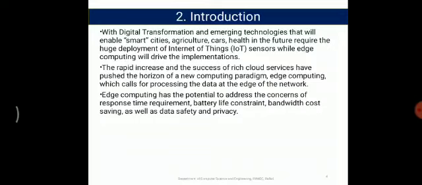Here, the rapid increase and success of rich cloud services have pushed the origin of a new computing paradigm called edge computing. In simpler words, it means the processing of data. Edge computing has the potential to address the concerns of response time requirement, battery time constraint, bandwidth cost, and saving data privacy and safety.